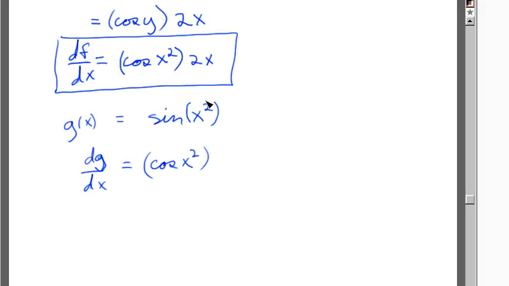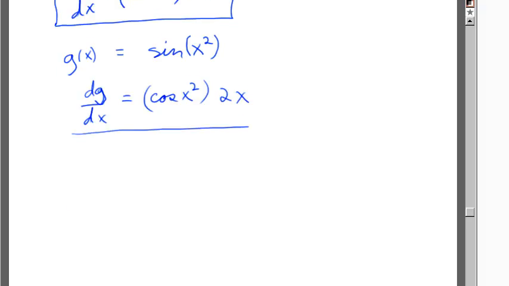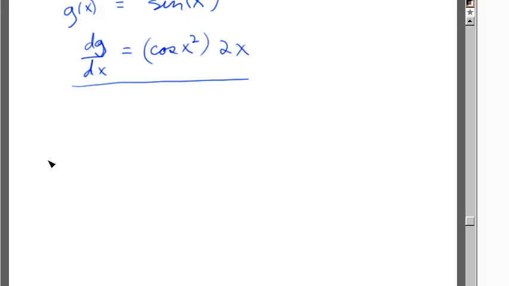So I take the derivative of the sine with respect to its argument, looking at that as if it was just one symbol. And then times the derivative of the inside, times the derivative of the argument, which in this case is 2x. So it goes a little bit more quickly. You can do it in one step, thinking about taking the derivative of a function.